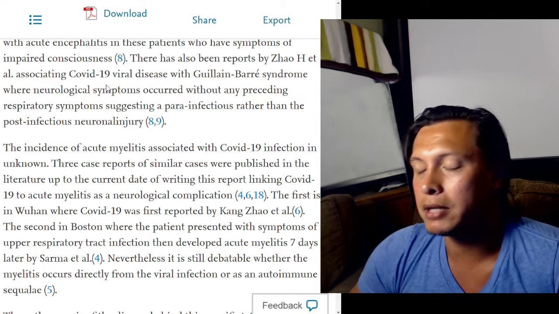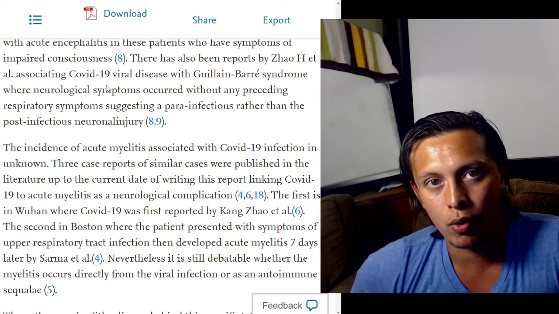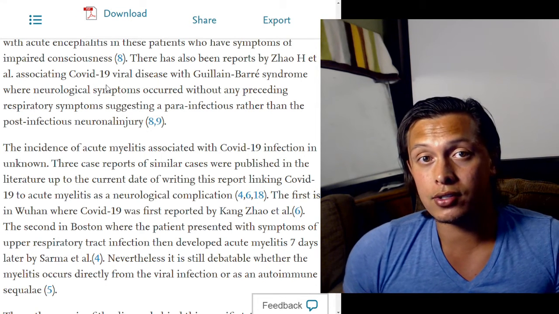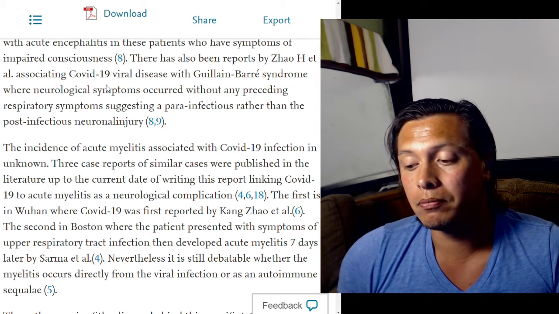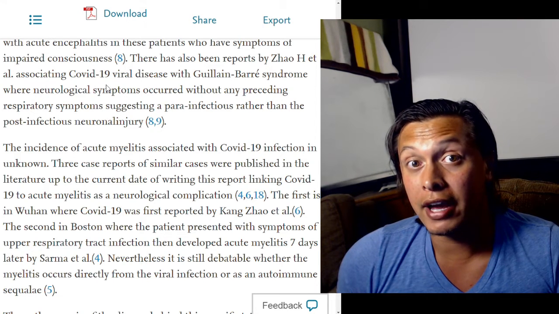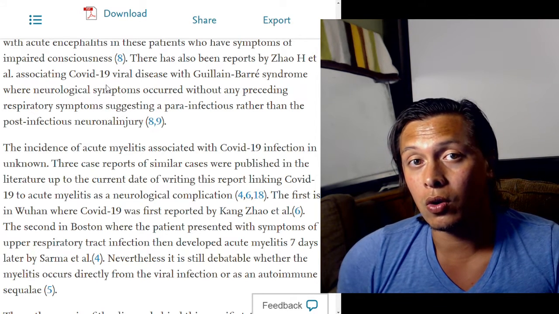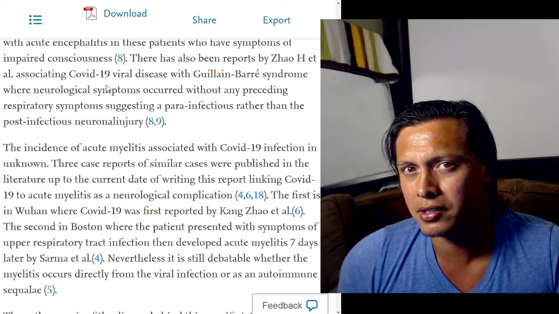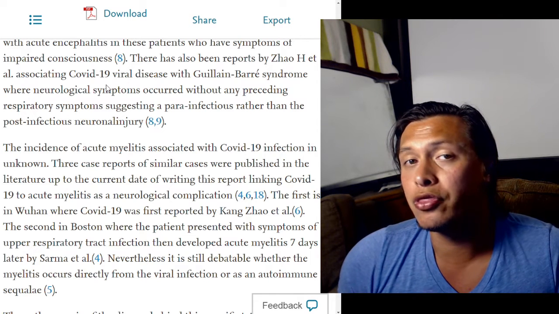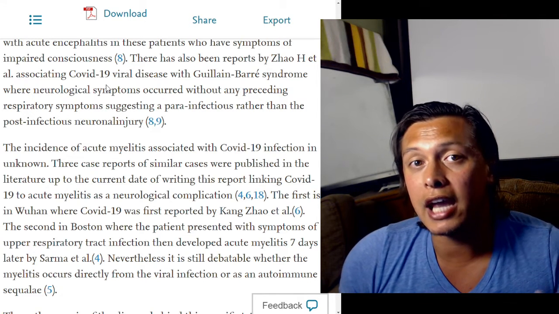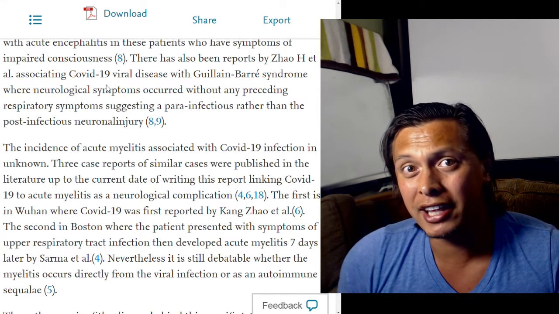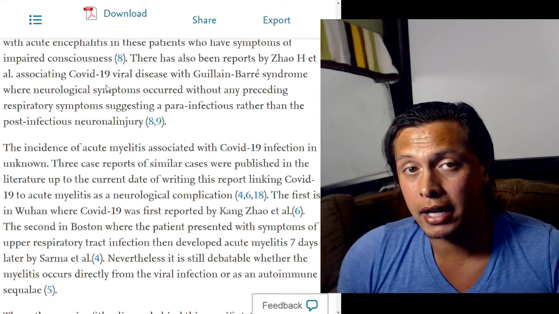So I will definitely come back to this, because this is reminding me there are some coronaviruses that can very directly cause demyelinating events. So mouse coronavirus, I think it's called a mouse encephalitis virus or something of that sort. Don't quote me on that. Those are directly implicated in being able to cause demyelinating events in mice.